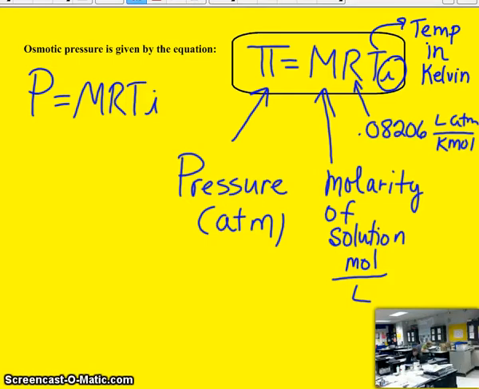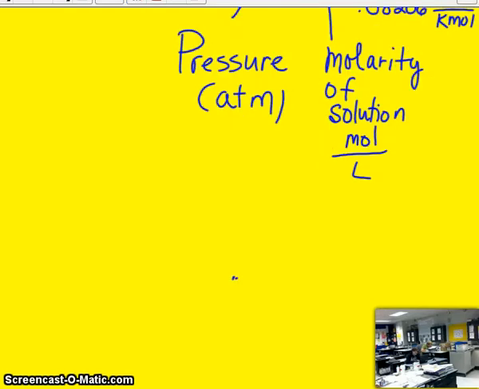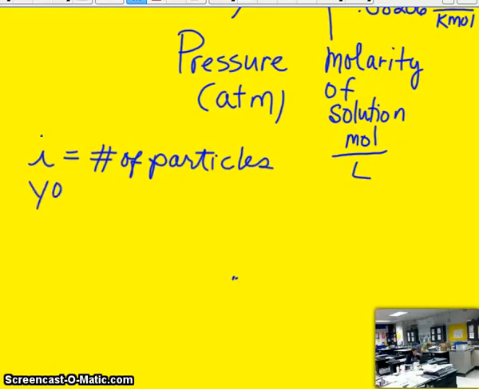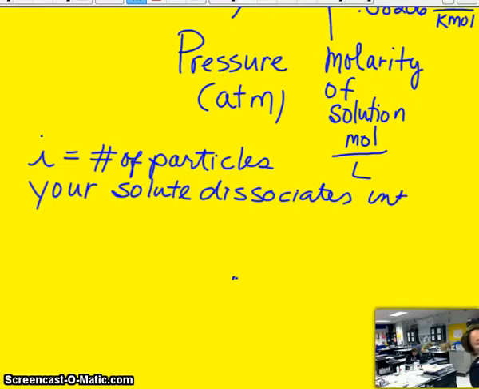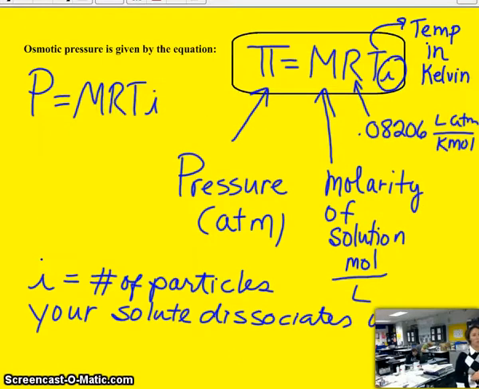And I know there were some questions about that. So i is the number of particles your solute dissociates into. And remember that covalent things, large organic biomolecules, that i is 1. You don't have to worry about that.